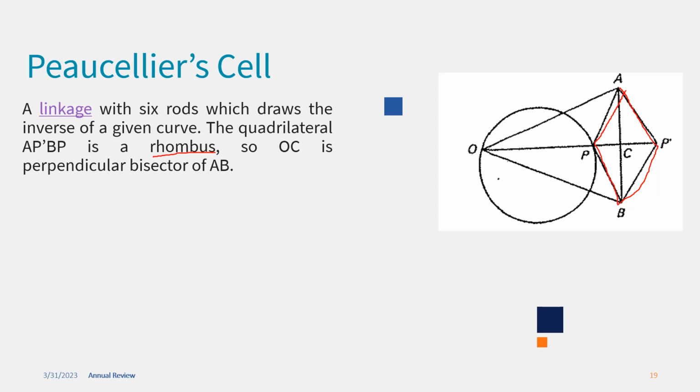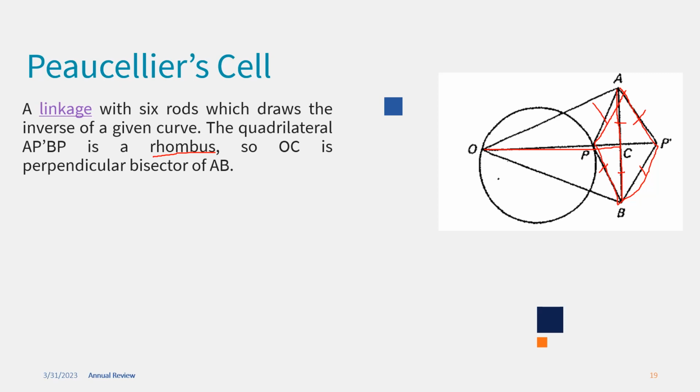The line segment OC is the perpendicular bisector of AB. It is bisecting, therefore AC and BC are congruent. The sides are congruent also. That's the concept of the Peaucellier cell.